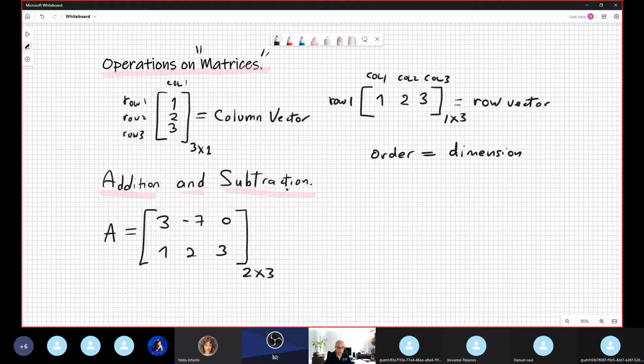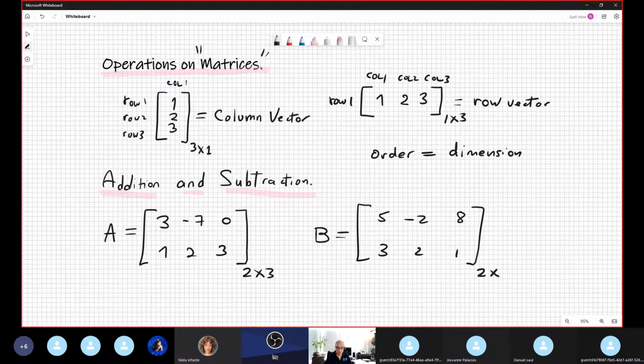You see 2 rows and 3 columns, right? And suppose you have another matrix, capital B: 5, negative 2, 8, 3, 2, 1. Again, it's the same dimension or order, 2 by 3.